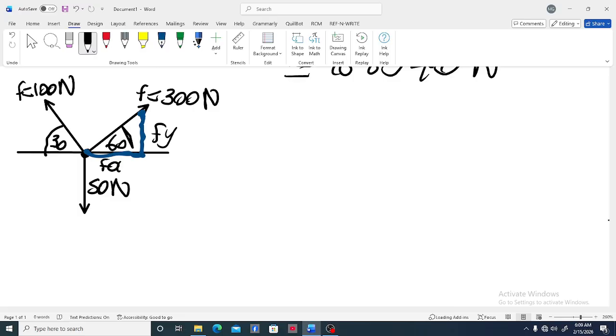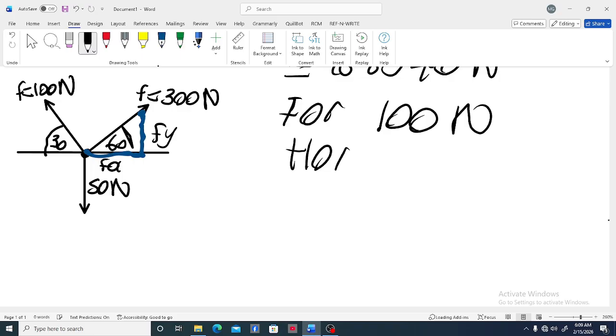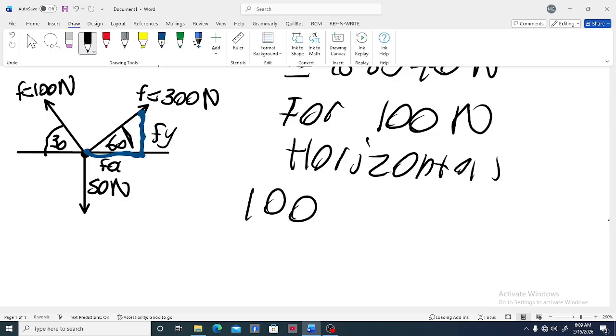So for the 100 newton force, we're going to find the horizontal component first. How would you find the horizontal component? You just say 100, and remember for horizontal it's cos. Cos what? Which angle is that force acting at? It's acting at a 30-degree angle.